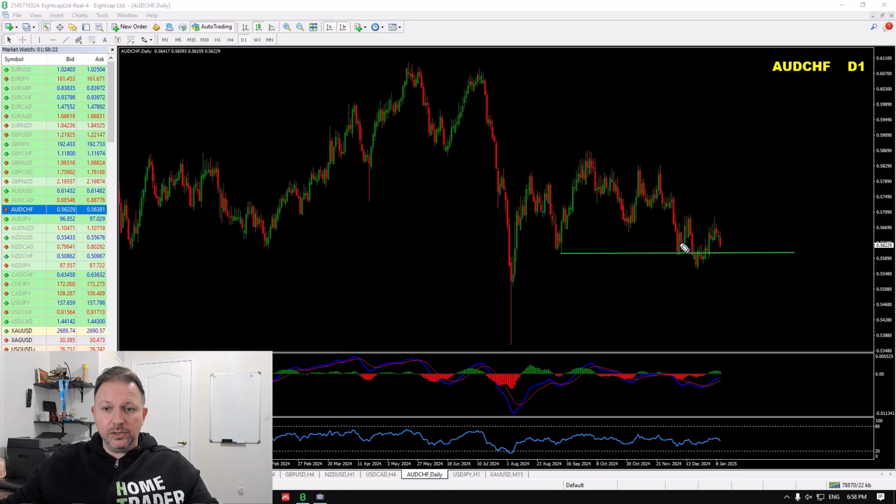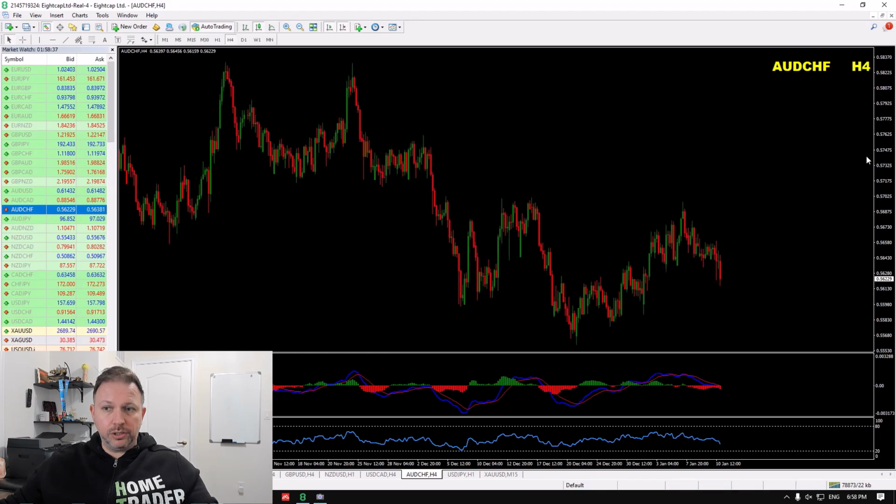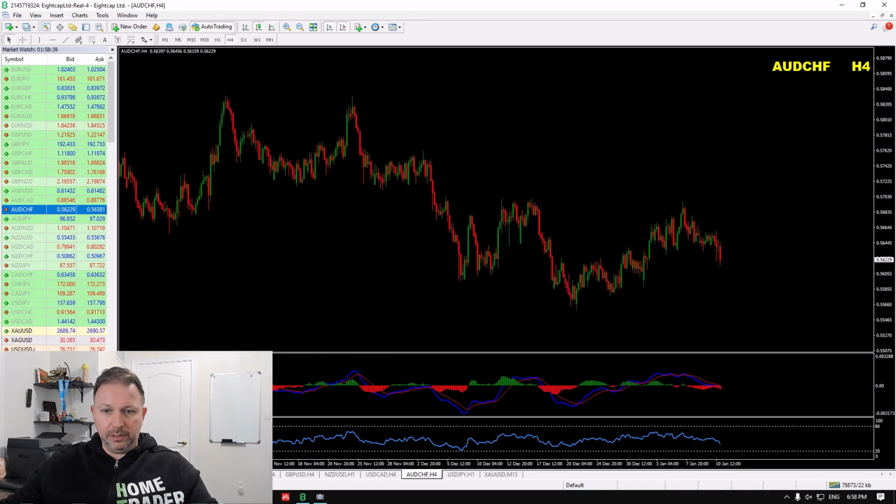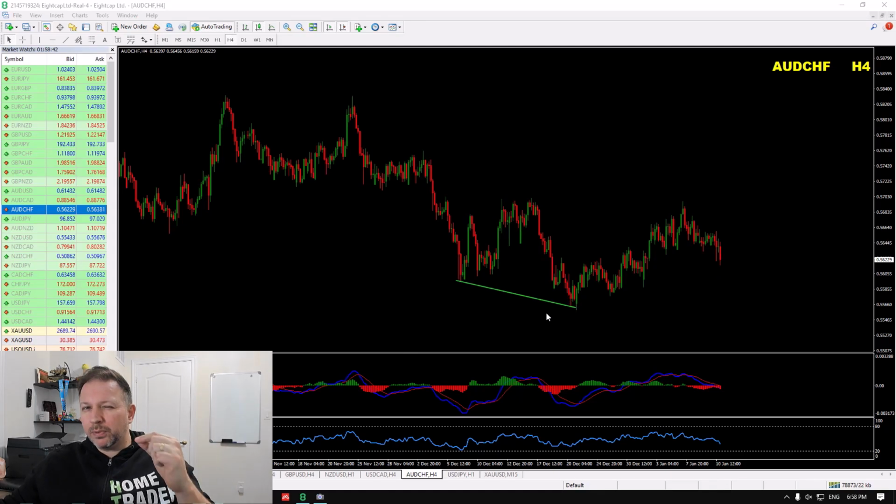What happens here is the market comes to this area, retests, goes below, but fails to hold below and bounces back to the upside after that. What happens on the 4-hour chart, which is the one that we'll be looking to trade, is that at that point it was false breaking or cleaning the low on the daily chart.